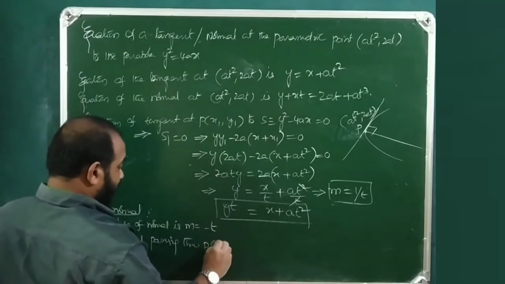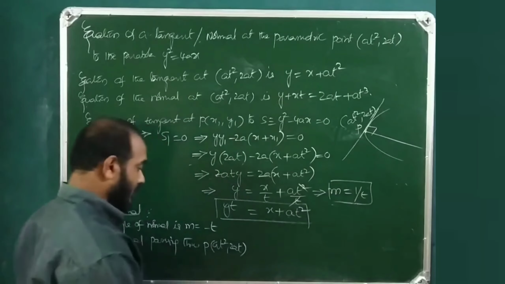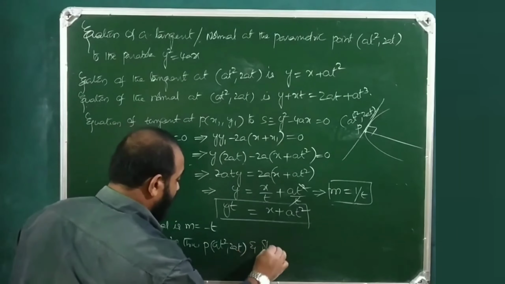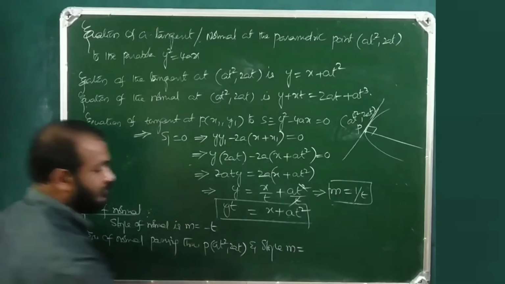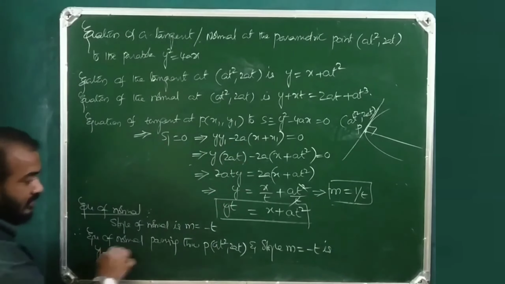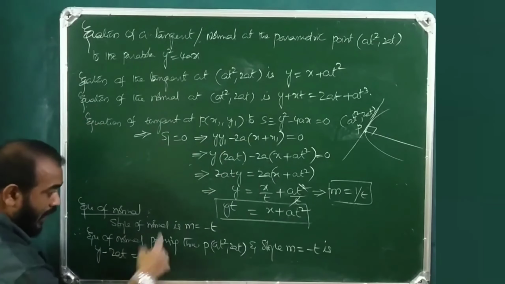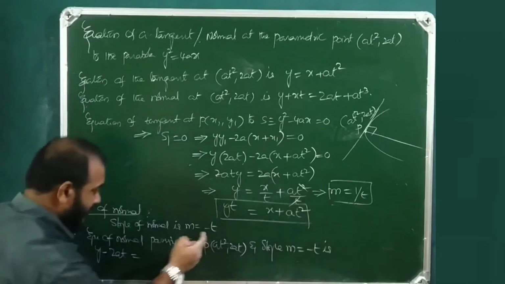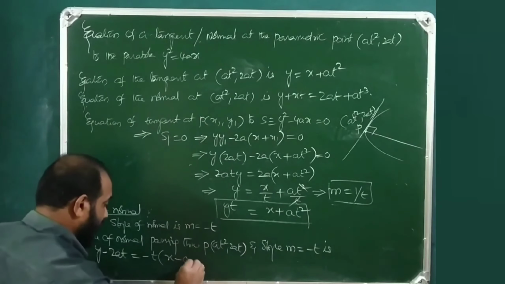The parametric point (at², 2at). And the slope m equals how much? Minus t. So y - y1 is y - 2at = m, which is -t, into (x - x1), which is x - at².